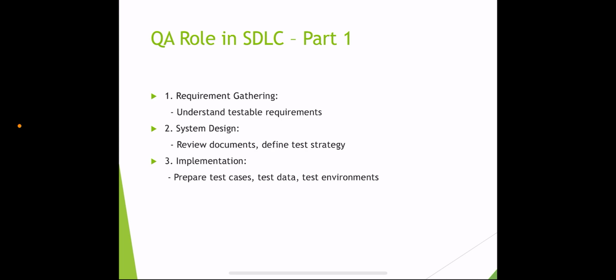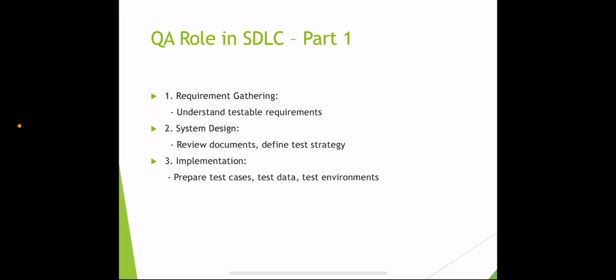At that time, what is the role of the QA? The QA's role is to understand each and every requirement given in the BRS and SRS document, and if there are any doubts, they will take the initiative and ask questions based on the requirements.